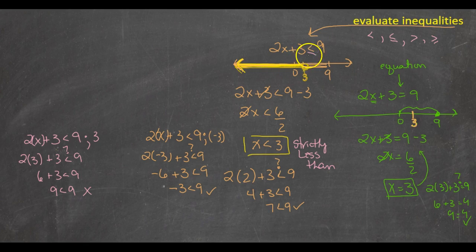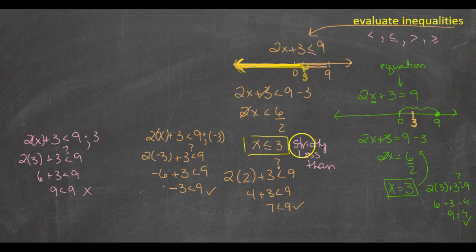So let's go back here to where I changed my original inequality: 2x plus 3 less than or equal to 9. And I put that little equal sign in. And so let's trace through and see what that does to the rest of our work. So the first time I checked, I should have ended up with x is less than or equal to, right?